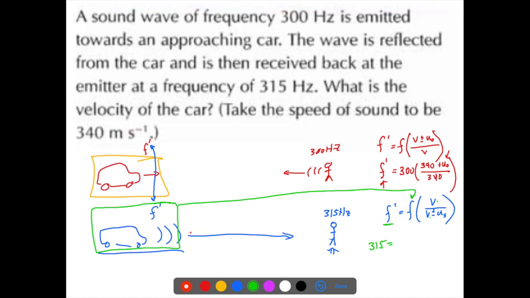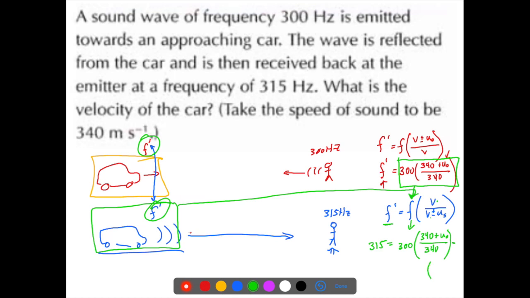So I know that this frequency is the same as the frequency that was observed there. So this formula right here is actually going to go in for the frequency there. So we're going to go 300 times (340 plus the original speed of the observer, which was the car) divided by 340.